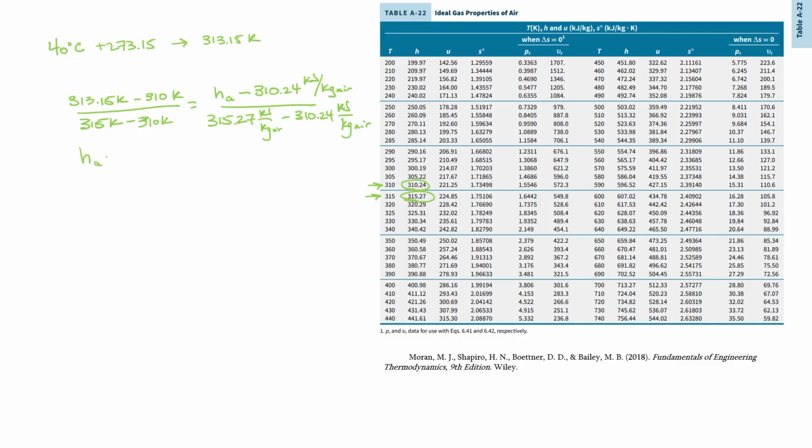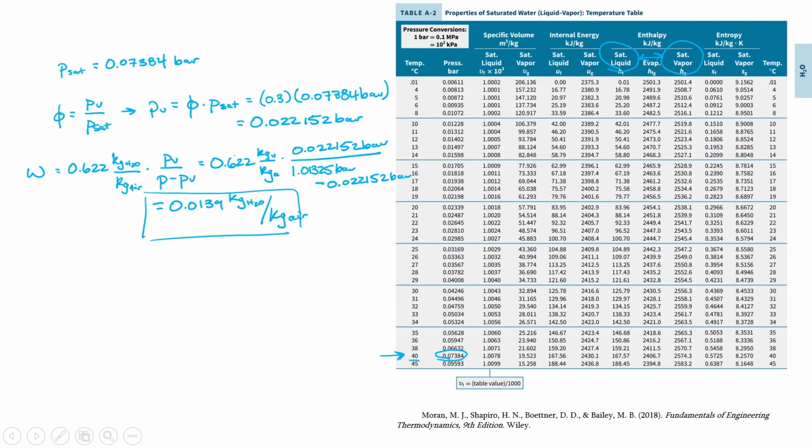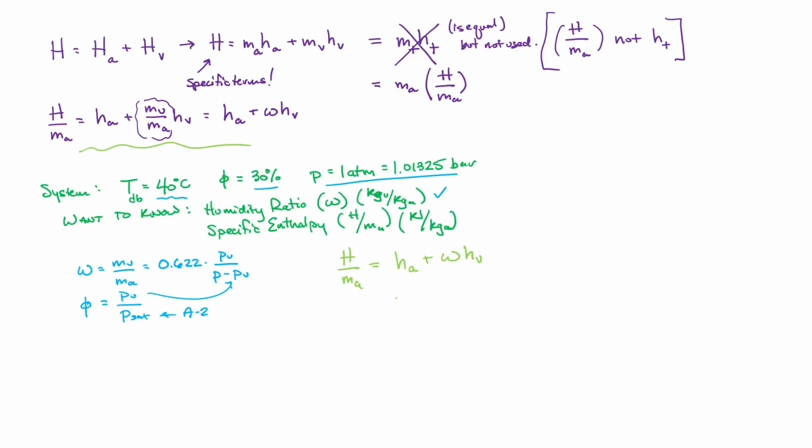Solving that for HA, I get HA of 313.41 kilojoules per kilogram air. Okay, so this guy is 313.41 kilojoules per kilogram air.